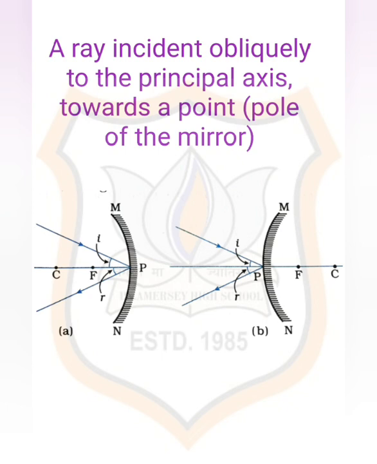So according to the diagram, the incident and the reflected rays follow the laws of reflection at the point of incidence. Here the point of incidence is point P, making equal angles with the principal axis, just like the laws of reflection we have discussed for plane mirror.